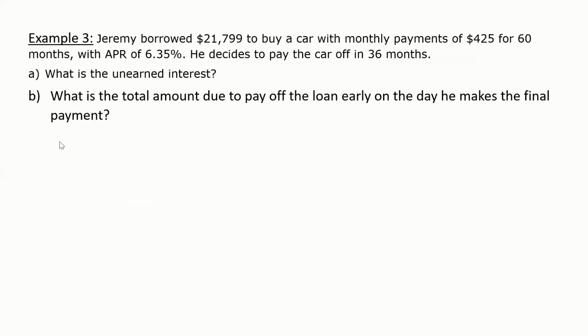So first we're going to say total due is equal to the remaining balance of the loan minus that unearned interest that Jeremy is going to save.